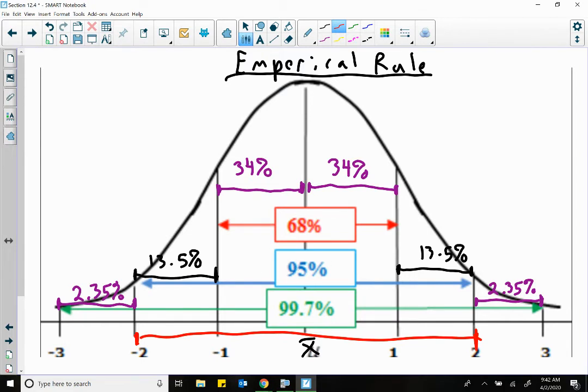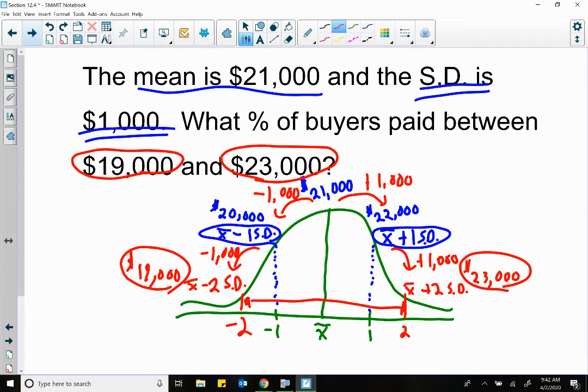And that's what they're looking for. They're just making you think about it in terms of the curve to find that percentage. All right. So the answer to this problem, 95%. That's as hard as this stuff gets. Let's do it again.